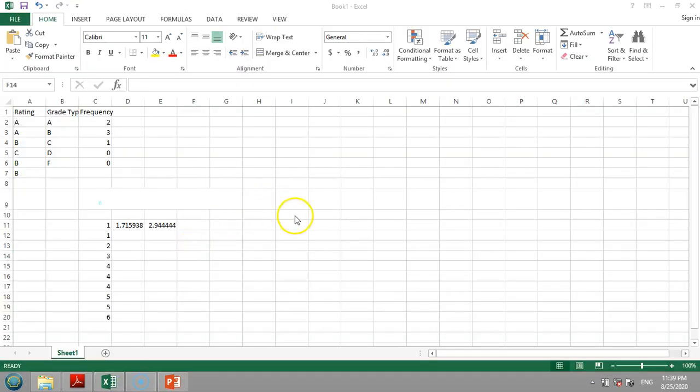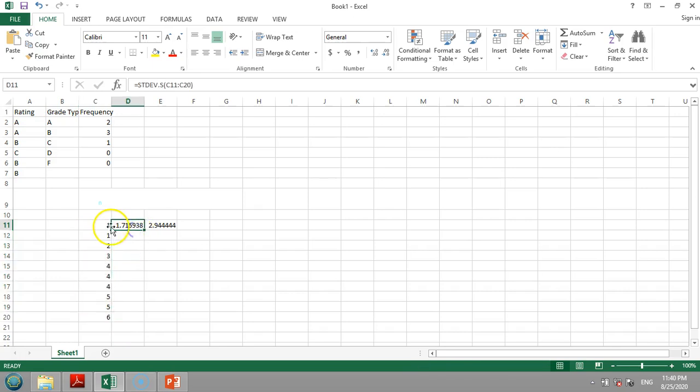I want to show you some stuff. Watch. If we have some numbers like this, I put the numbers here. And here I type stdev.s equals from here to here.